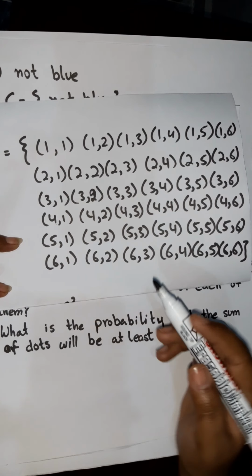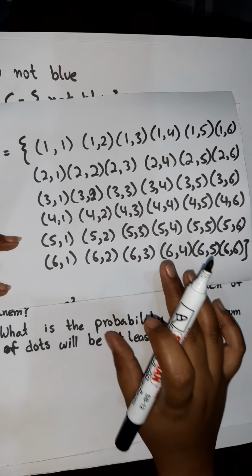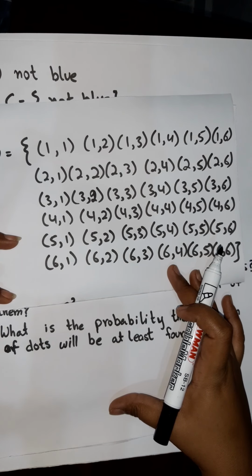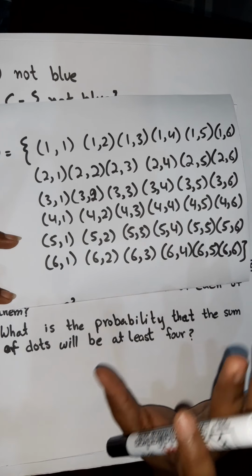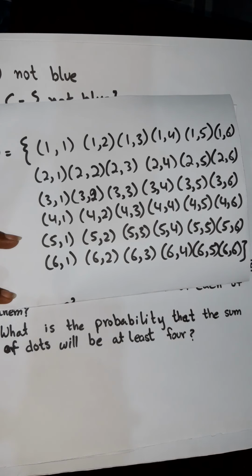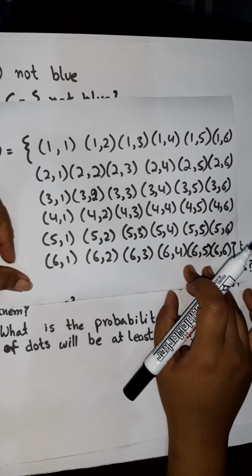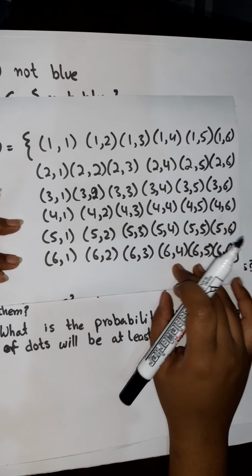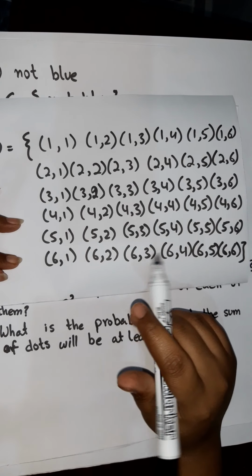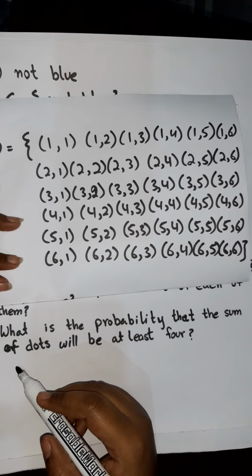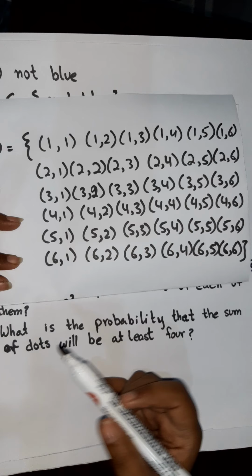Now when you are going to solve the question, you have to write this sample space in each of the questions separately, but I am using this because I have written this already, so I am using this again and again. But for you, it is compulsory that for each question you have to write this sample space again.